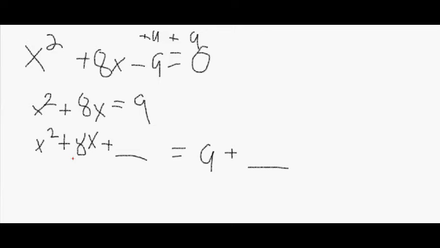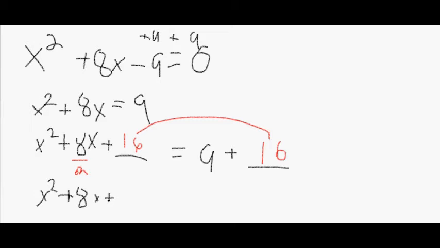What is this number? Well, we're taking this 8x and multiplying it by 2. 8 times 2 is 16. And this number we're going to put here as well, which is 16. Now we simplify. Basically what we have is x squared plus 8x plus 16 equals 16 plus 9, which is 25.